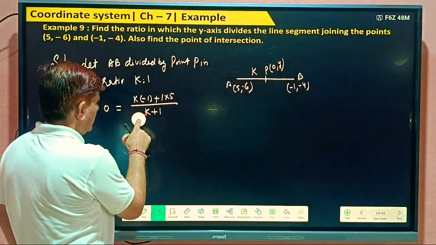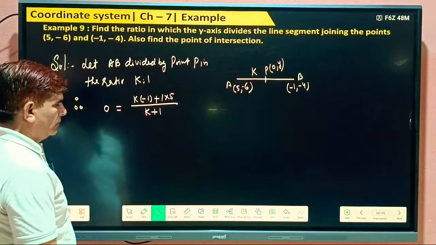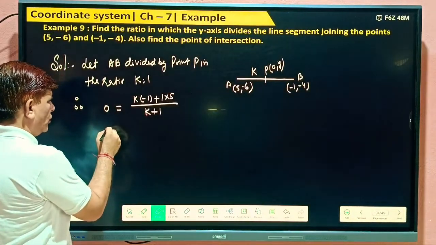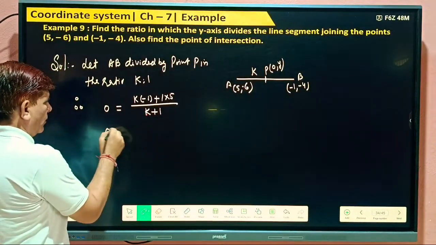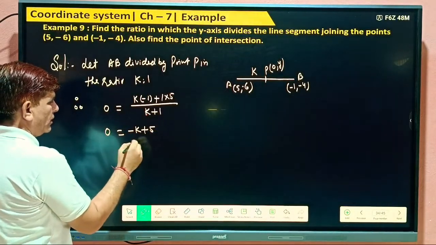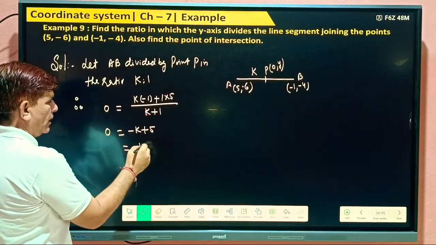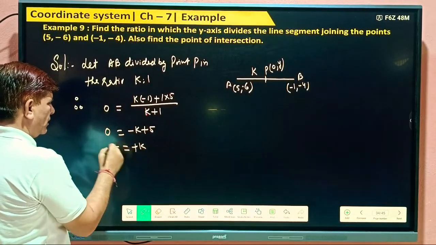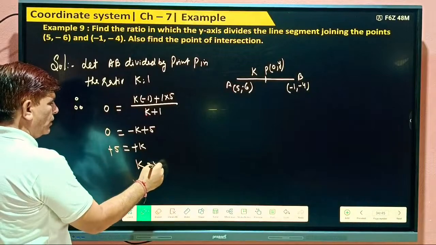So if we solve, 0 equals minus k plus 5. So minus k equals minus 5, minus cancels minus, so k equals 5.